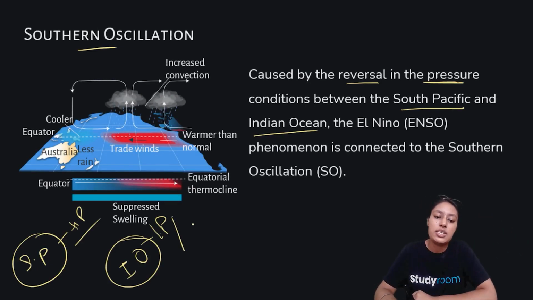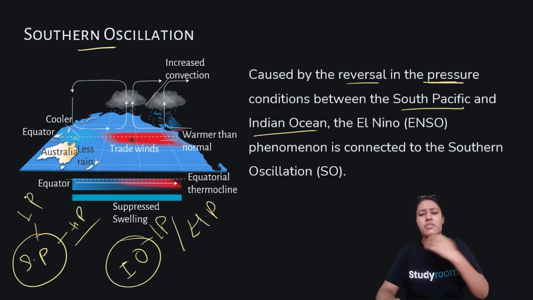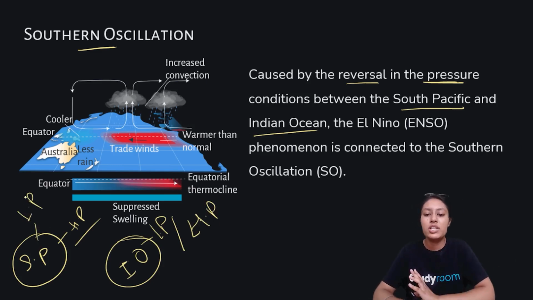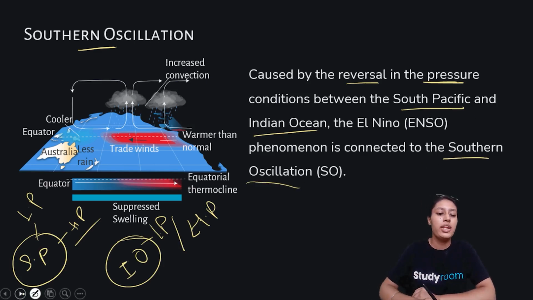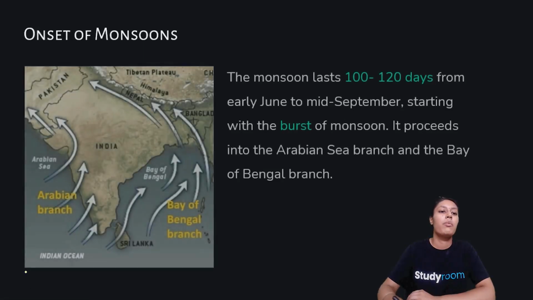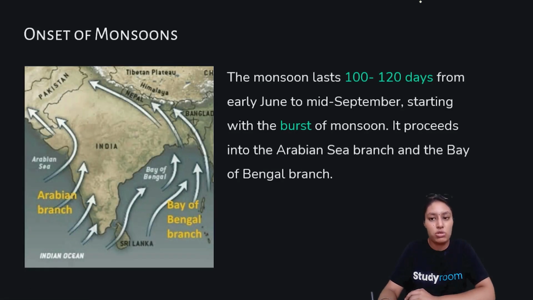If in the Indian Ocean it's high pressure, in the Southern Pacific it will be low pressure. It will always be opposite. If one is high, the other one will always be low. So that is Southern Oscillation. Simply.